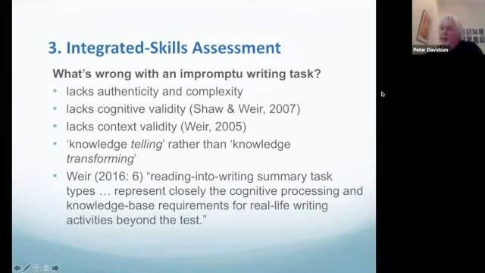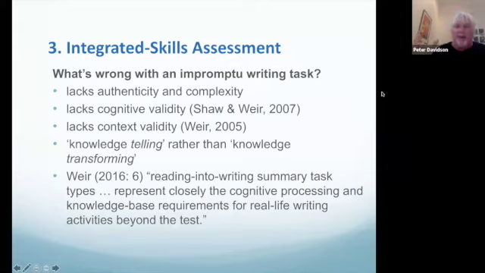cognitive validity. Cognitive validity is the extent to which the task resembles a real world academic task. So it could be called authentic validity. Yeah, it lacks context validity, in that context validity is related to the performance conditions such as time and length and criteria.